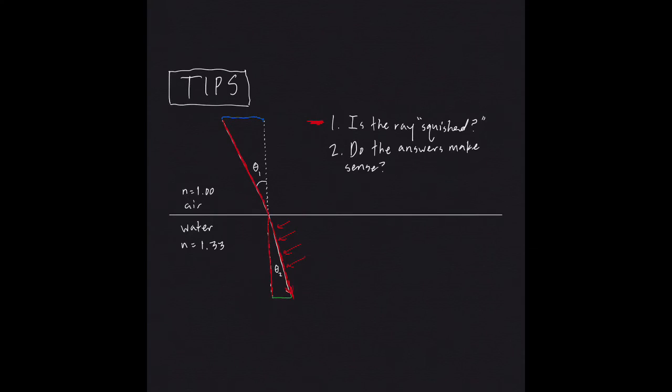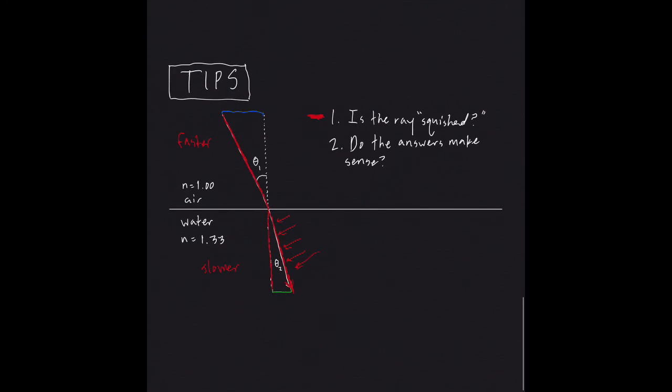That's only when the ray of light goes from a medium into another medium and it slows down. So in this problem, it's going from air to water and it's slowing down. And so it kind of appears like this green angle is being squished, right? The green is smaller than the blue.